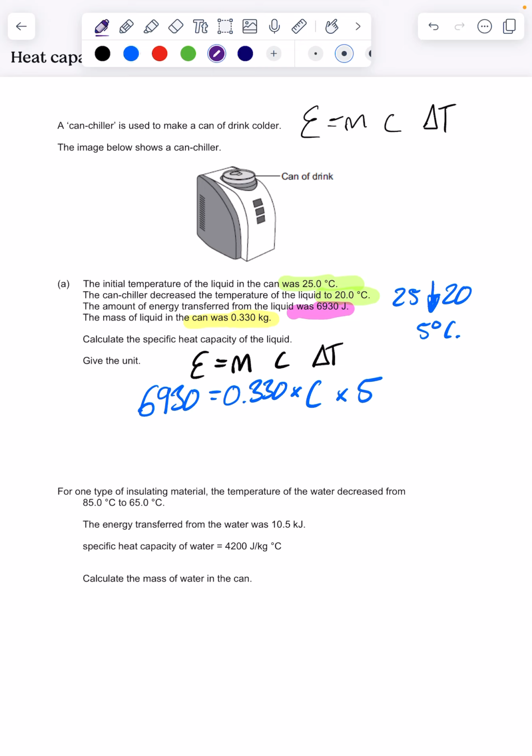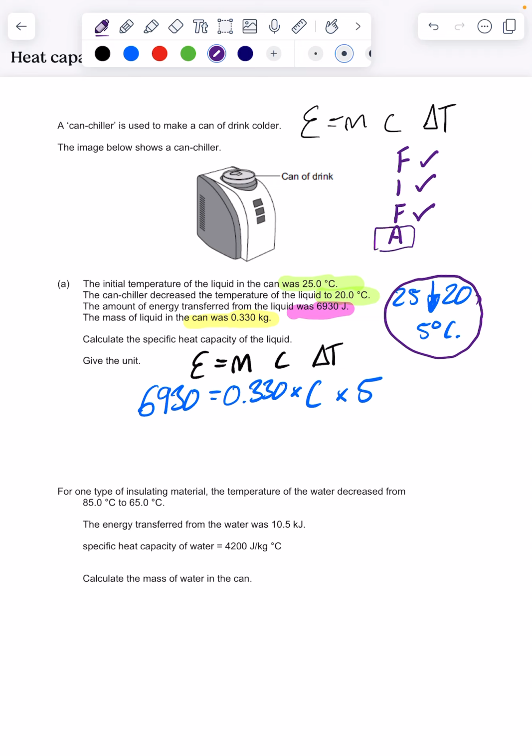We can then rearrange this calculation. The F in FIFA is to fine tune it. As a reminder, we've got writing the formula, inserting our values, fine tune, which we've done here when we calculated the temperature change, then rearrange it, and then we answer it.